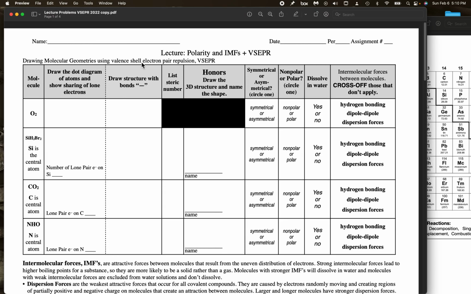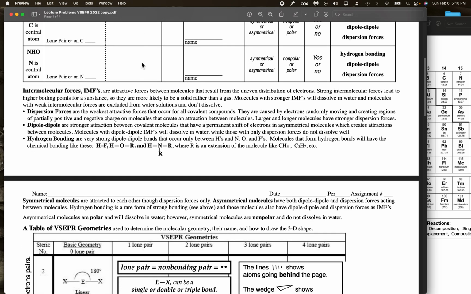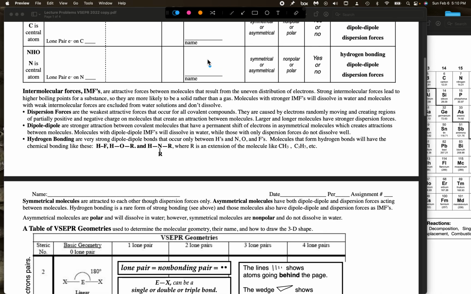So let's go back up a little bit. So 120-degree angle, H, N, O, bent was the name.